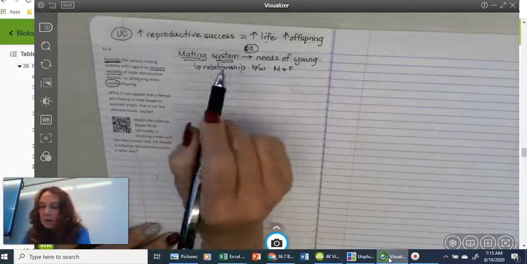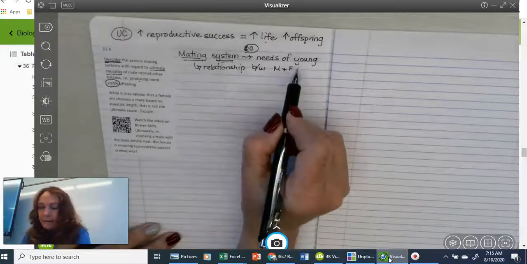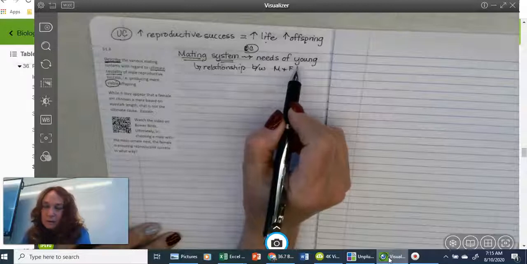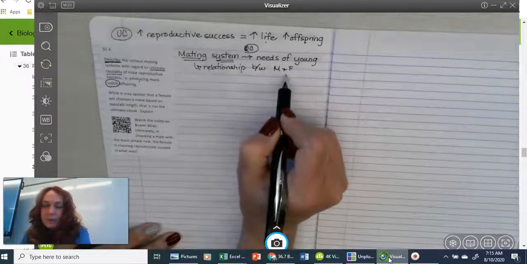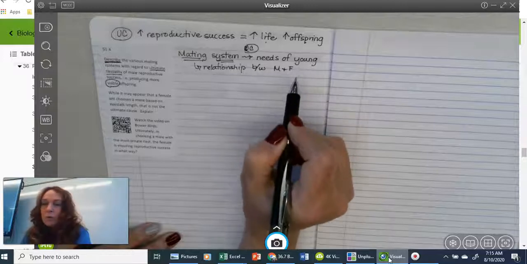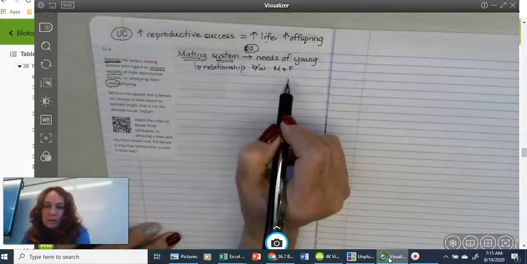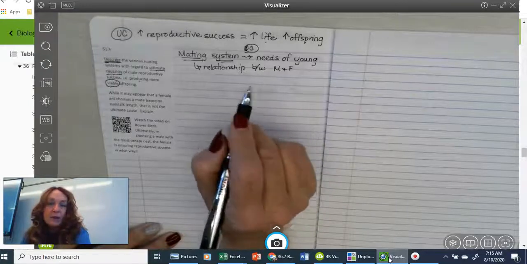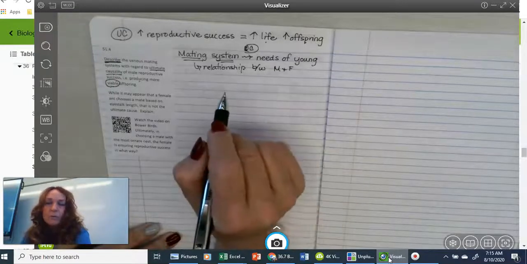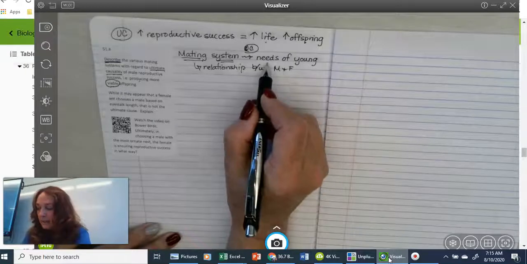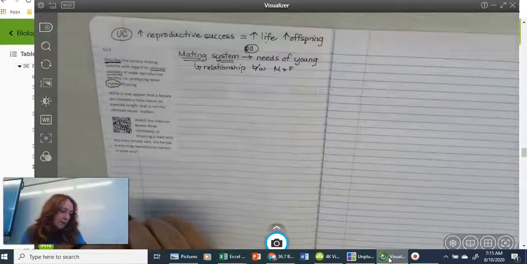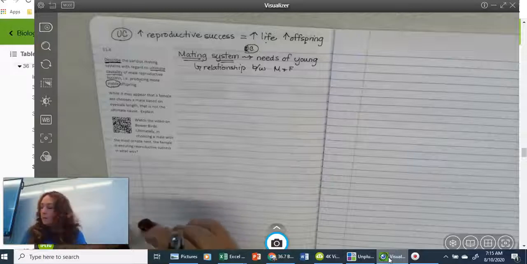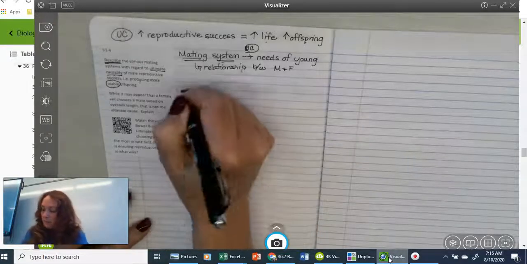When you have young that have high needs, like humans, that's a good example, you're going to have a different way of parenting because those young will not survive on their own. So there's a parenting piece that you have to have in order to actually meet the needs of the young. So let's look at what the different types of mating systems are.